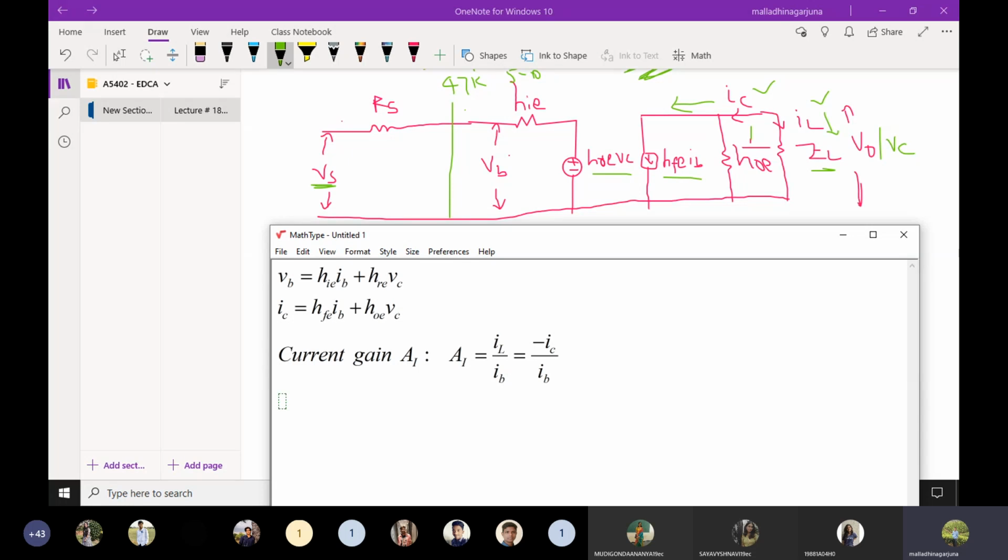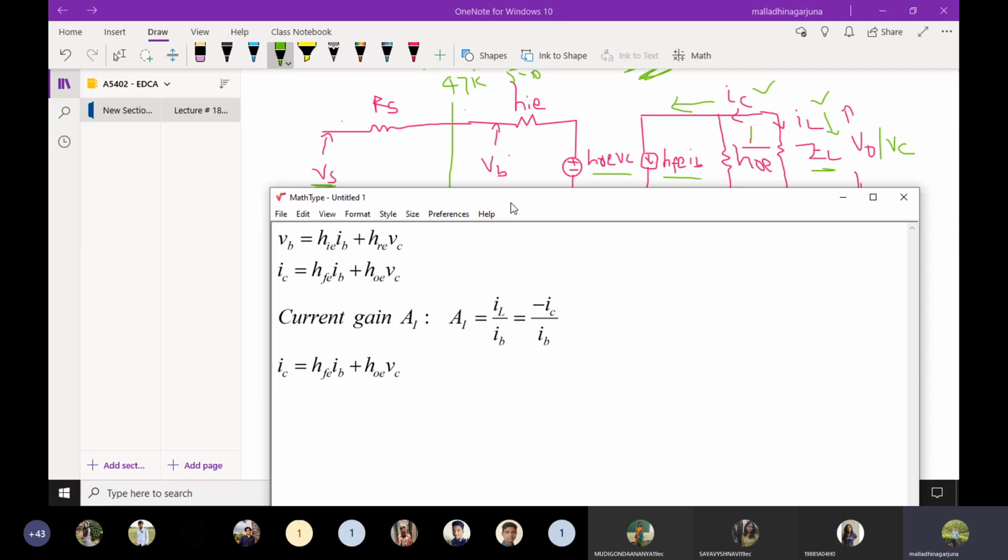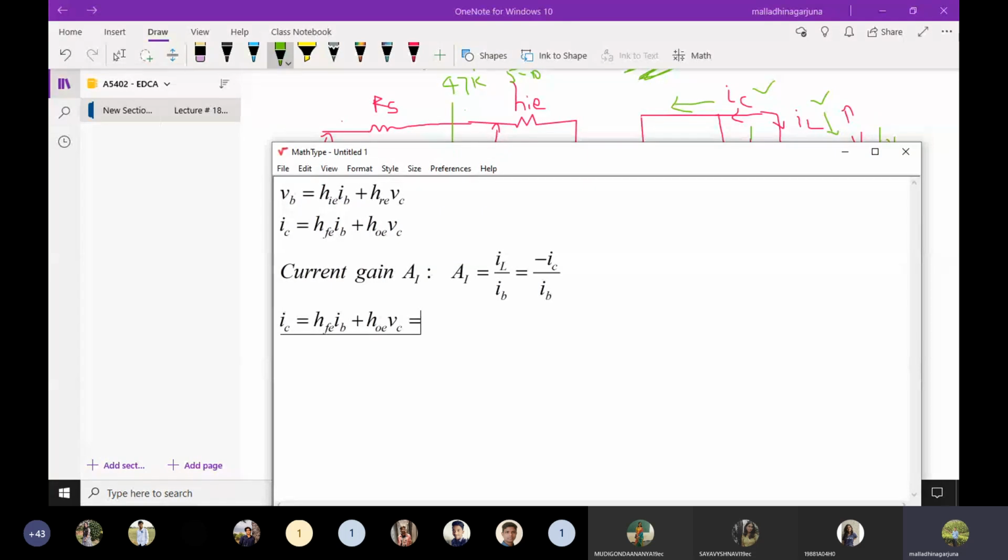For this, I'm taking the second equation to calculate the current gain. So IC equals HFE into IB plus HOE into VC.